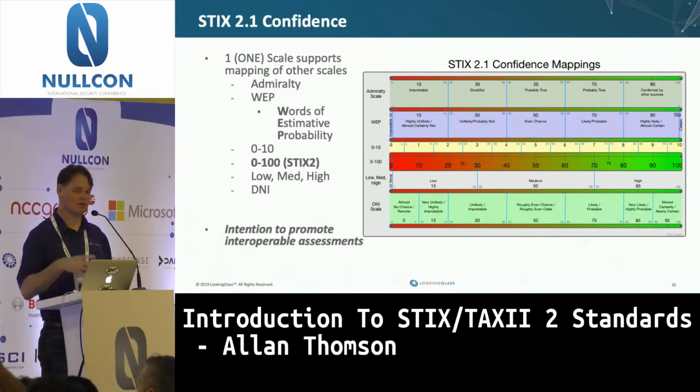And TAXII allows you to do that, and it's on a per client basis. One client could say, I can handle 1,000 things at a time, whereas a second client could say, I want 10,000 things at a time. And TAXII allows you to do that.